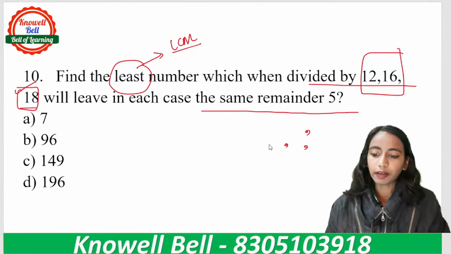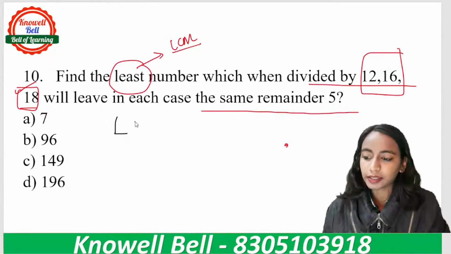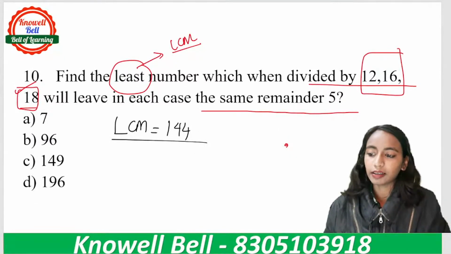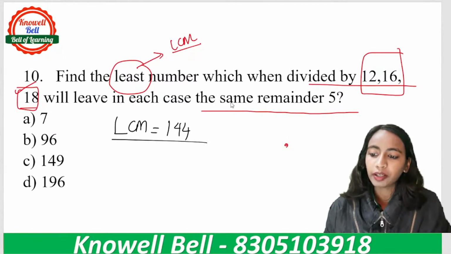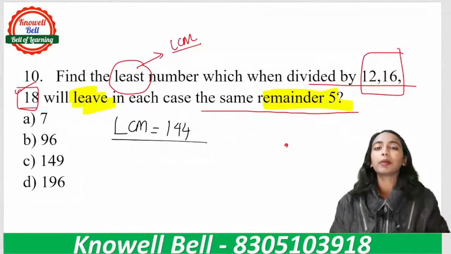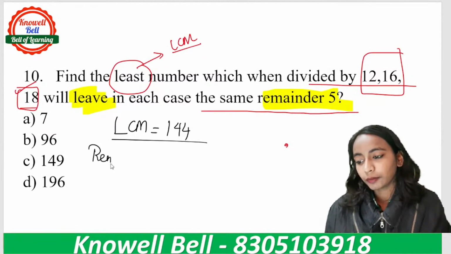What is the final LCM that we will get? The final LCM that we are going to get is 144. But what is the thing here? The question is saying we have to find such a number that will leave a remainder of 5. In order to get the remainder of 5, we need to add 5 in the LCM.